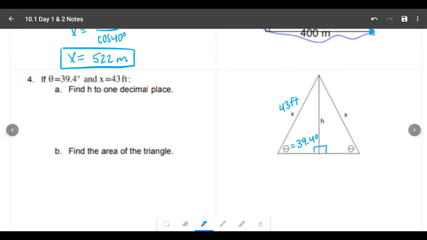And part A is asking us to find H to 1 decimal place. Okay, so we are used to this by now. SOHCAHTOA, I'm looking for the opposite side, and I have the hypotenuse compared to my theta. So sine of my theta, which is 39.4 degrees, is going to equal h over 43.